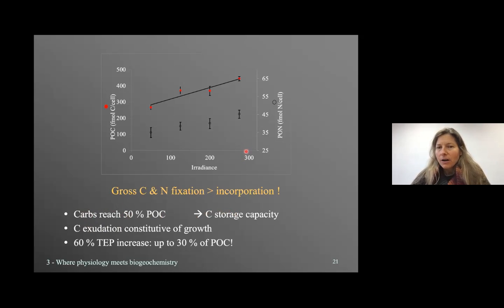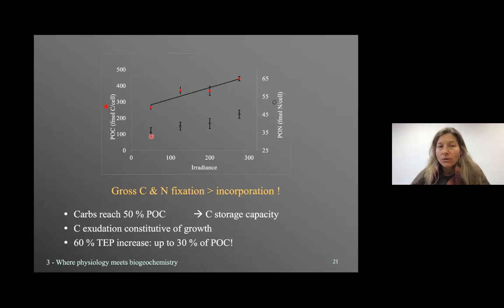But an even more surprising feature is that this carbon exudation was constitutive of growth. Here we are in subsaturating irradiances. None of those irradiances saturated the growth rate, and yet cells kept spitting carbon, even though we provided them with less and less irradiance.